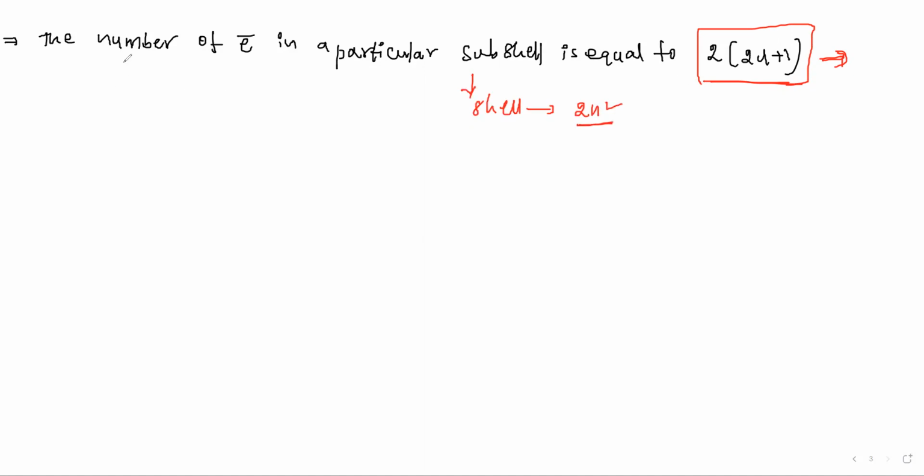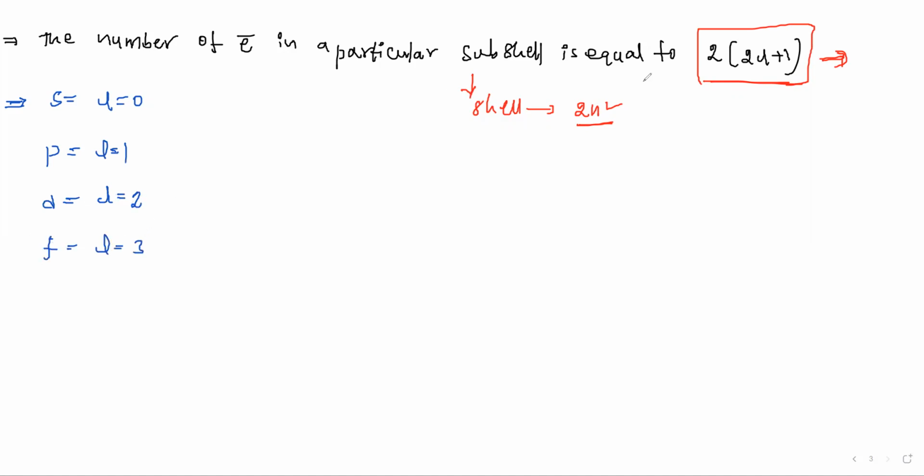For example, for s subshell, l is equal to 0. For p subshell, l is equal to 1. For d subshell, l is equal to 2. For f subshell, l is equal to 3.